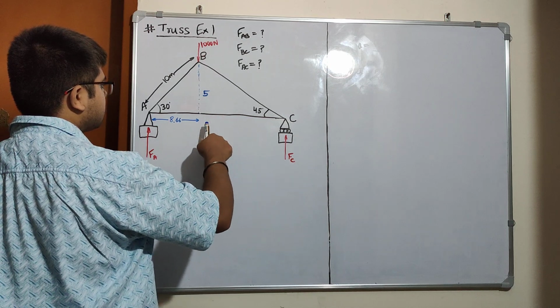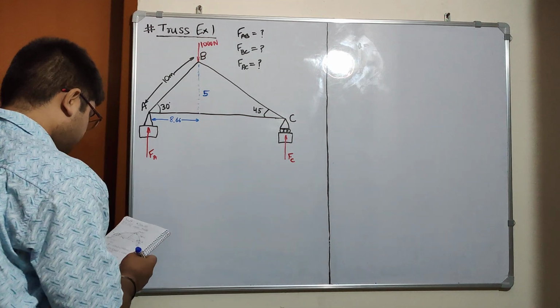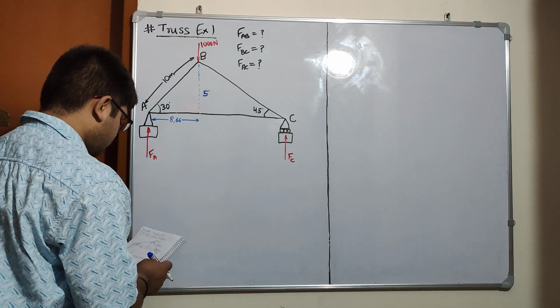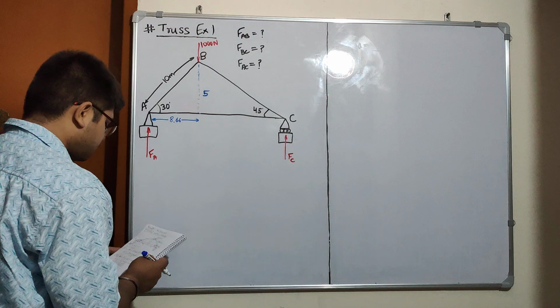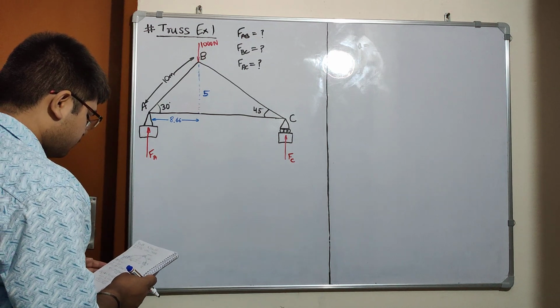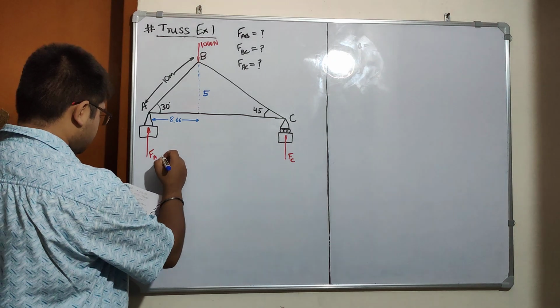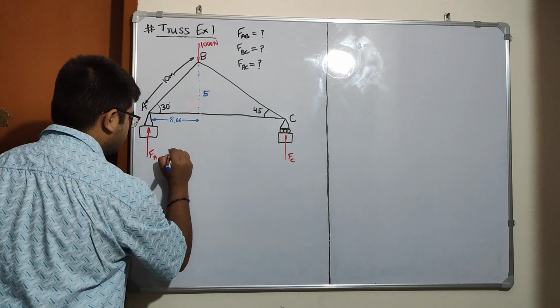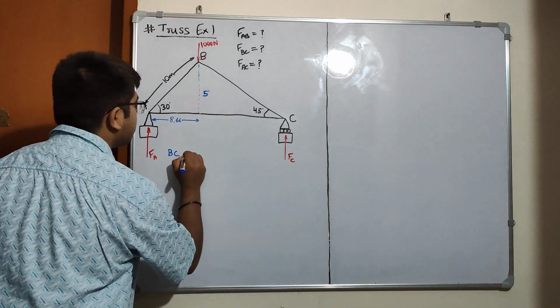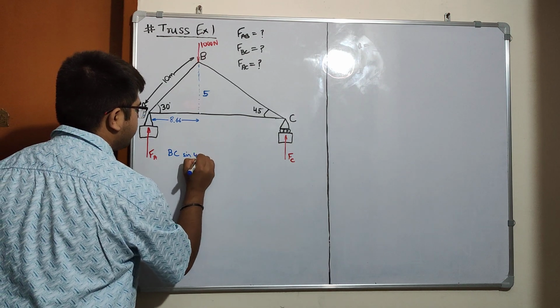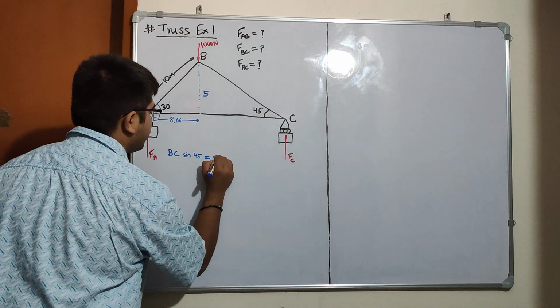Then for BC, we have BC sine 45 equals 5.